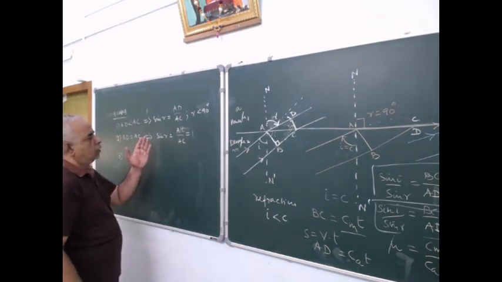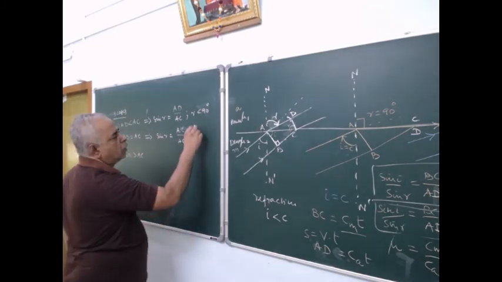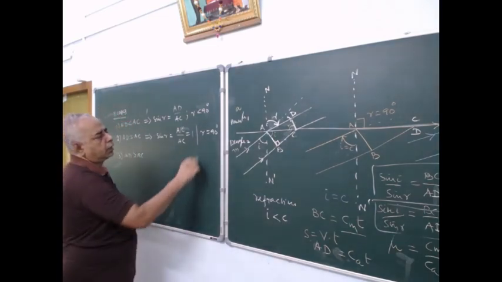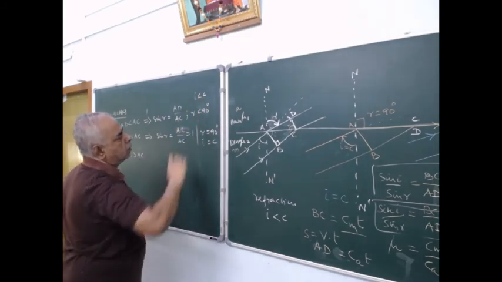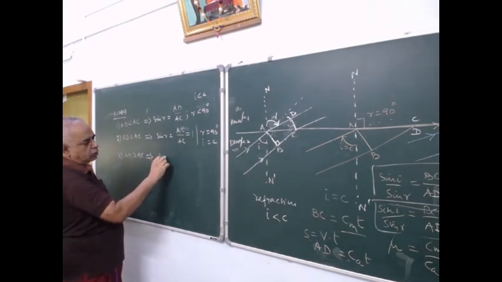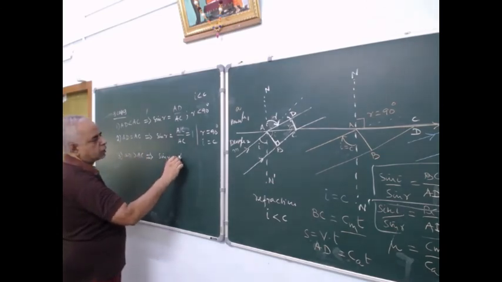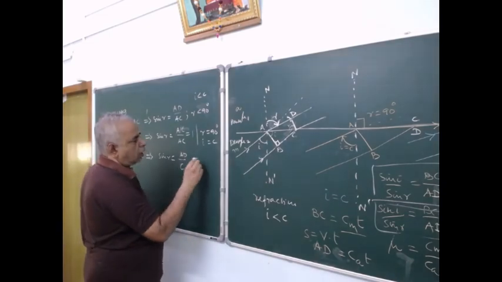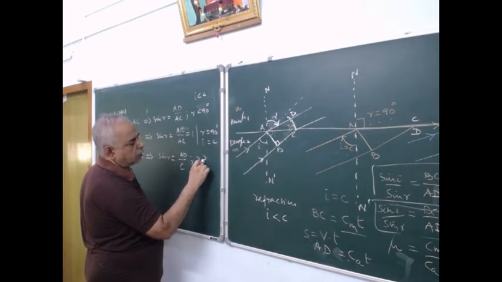We know very well that when sin R is equal to 1, R is equal to sin inverse of 1. It means R should be 90 degrees. So this is the critical angle. At that time I becomes C. In this case I is less than C. Third, AD is greater than AC, so sin R exceeds 1, that is R is exceeding 90 degrees.